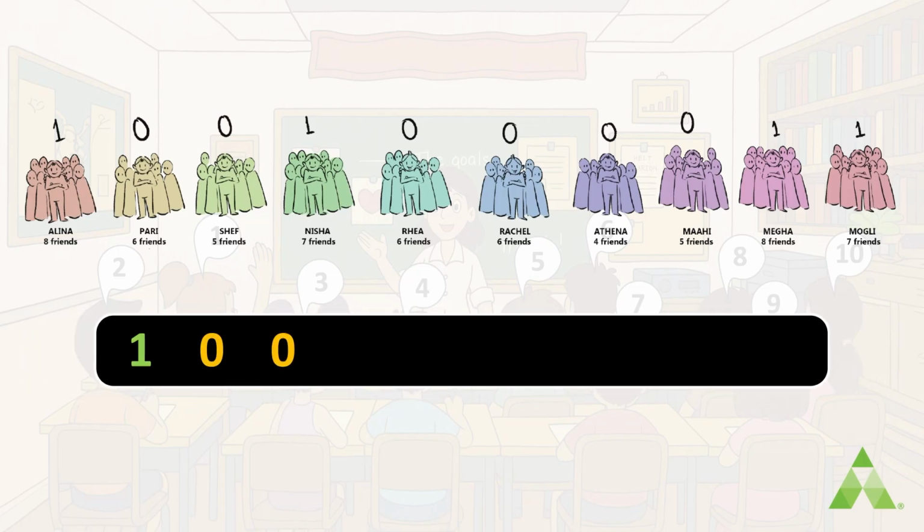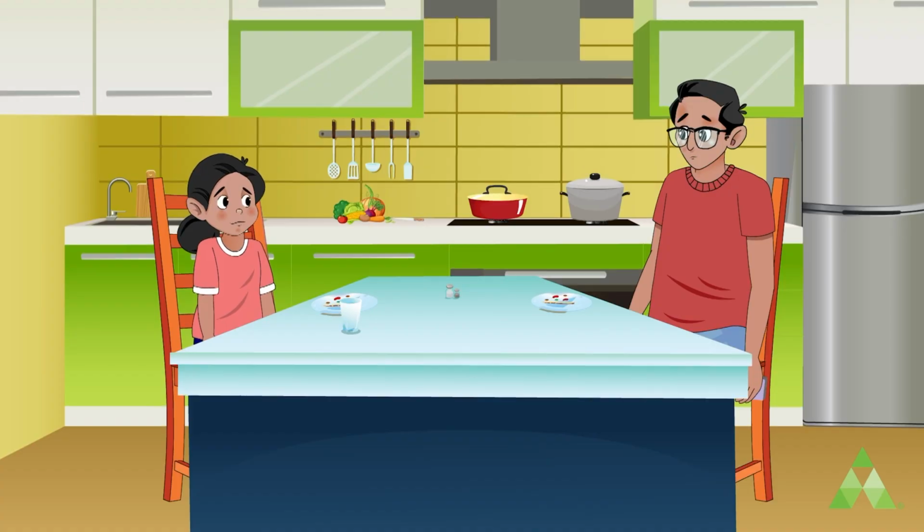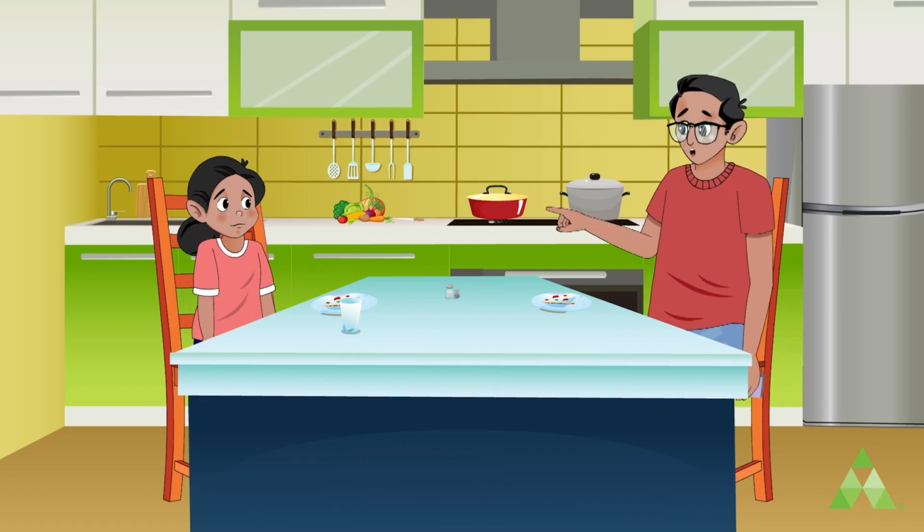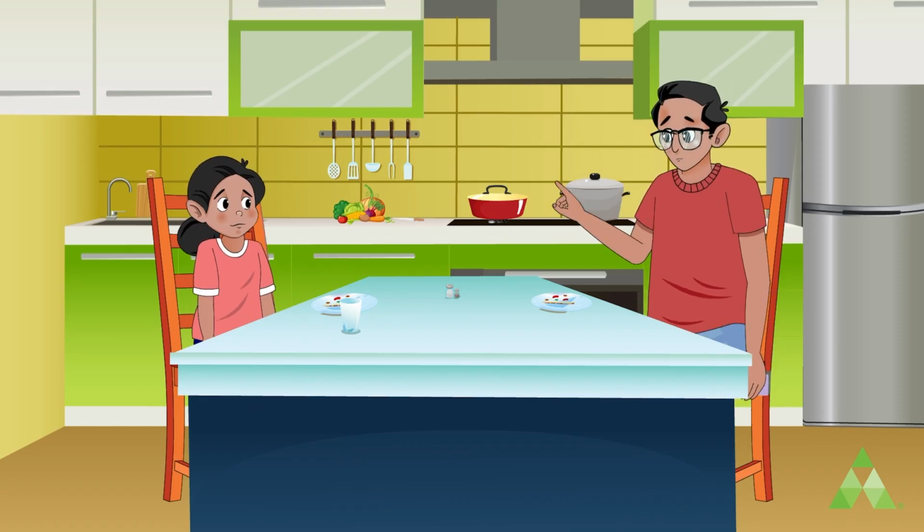This is a simple way to represent it. Now 1 0 0 1 0 0 0 0 1 1 can be stored, retrieved, and interpreted by the computer easily. Neurons store numbers in a very similar way. The strength of the connection, like friends, determines if it is 1 or 0.